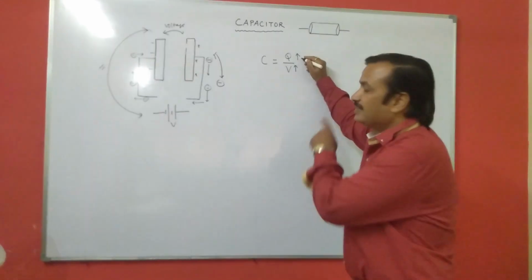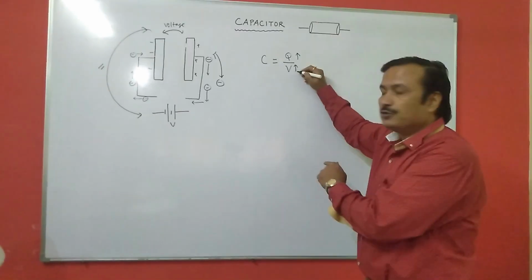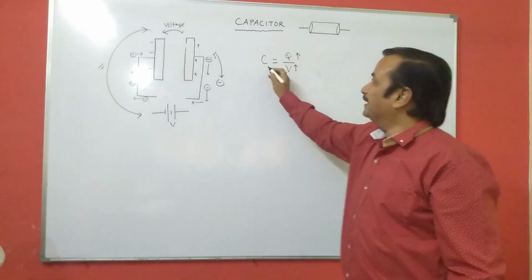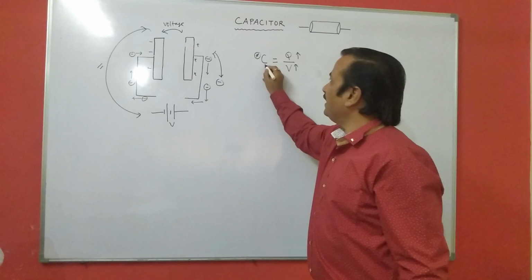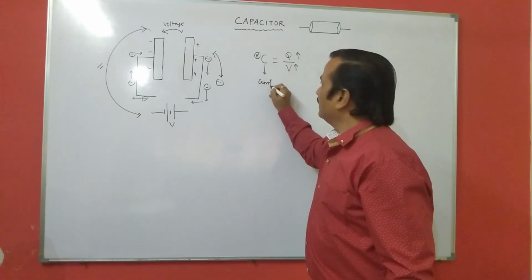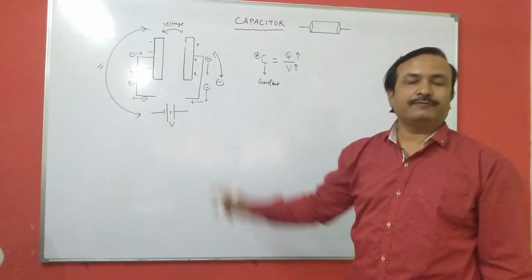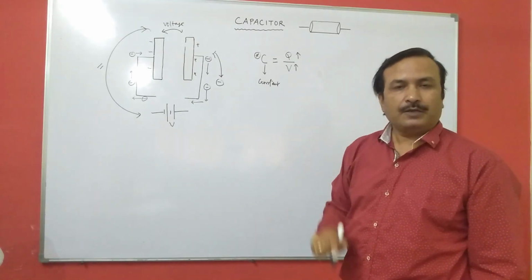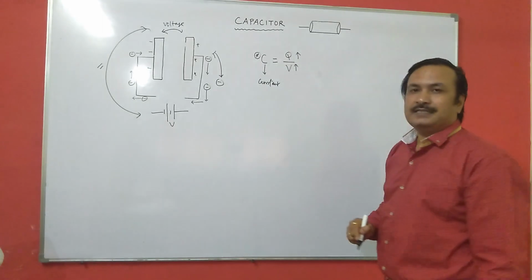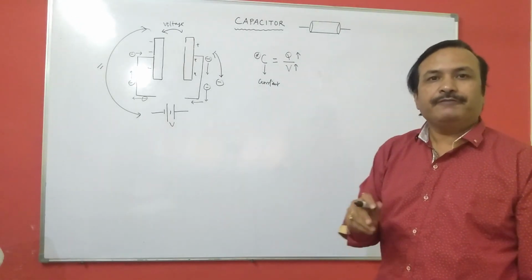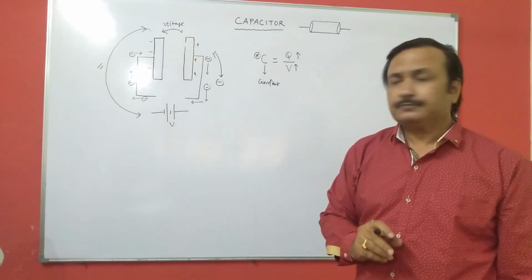So when you increase the charge Q, potential V is also increasing. Therefore, capacitance will remain constant. It will not affect the capacitance of the capacitor. Right? So each capacitor is having fixed capacitance.